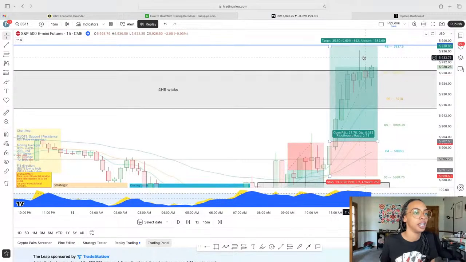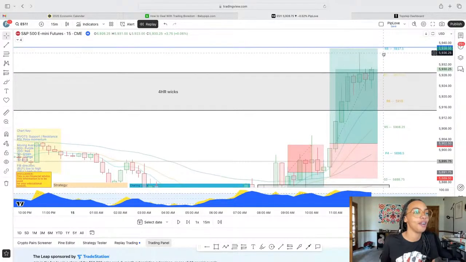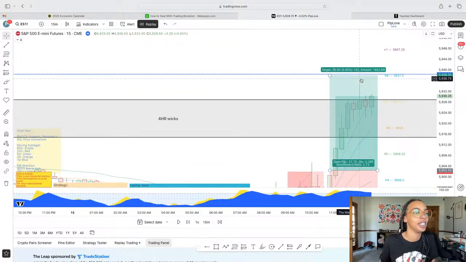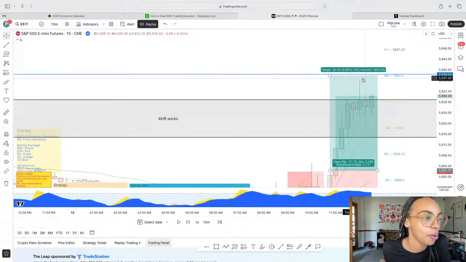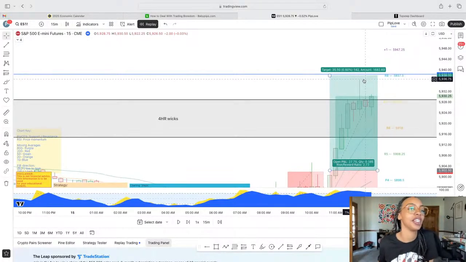So now, if we had our take profit right up here at 5937.5 and price came up to 5936.75, be honest, guys, if you were watching this trade, would you have gotten out and closed in profit even though it technically didn't hit your TP? Or would you have waited and got those last little 2 points?